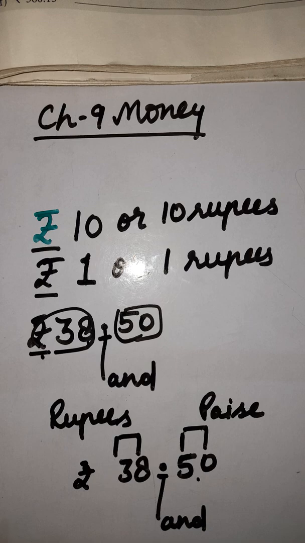So as a convention, we do not write P. 1 rupee can be written as rupees 1. 1 rupees को हम कैसे लिख सकते हैं? Rupees 1 simply.